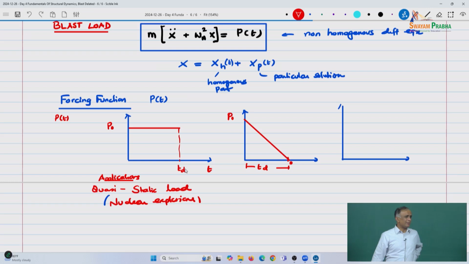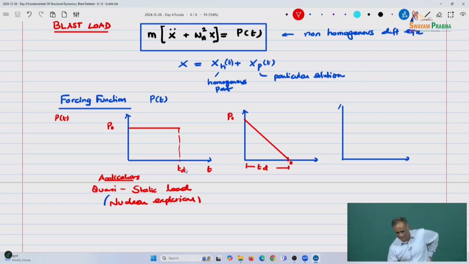Another type you saw in the lab, that Professor Aragappan was talking about, can actually go, stay for some time and then drop.